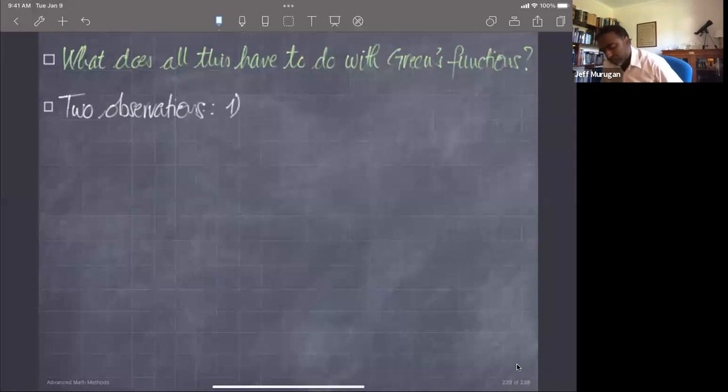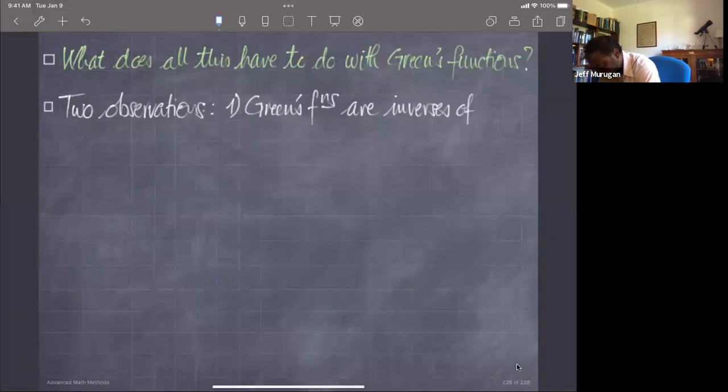One is that Green's functions are inverses of differential operators.